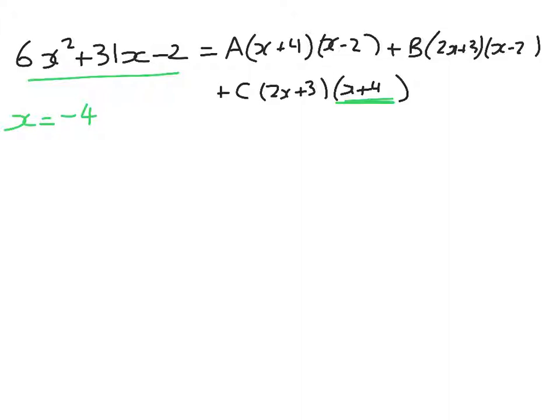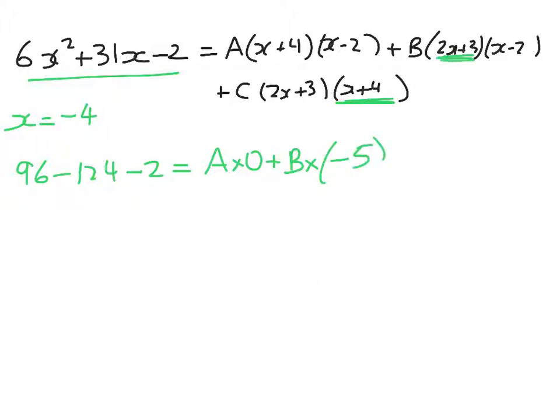Well, on this side 96, take away 124, take away 2, and then it equals a times 0 plus b times 2x plus 3, so negative 8 plus 3 gives me negative 5, and then negative 4 minus 2 gives me negative 6, plus c times 0 again.